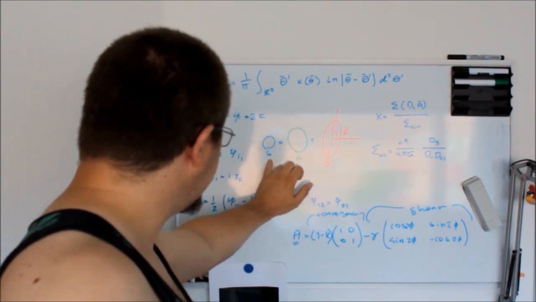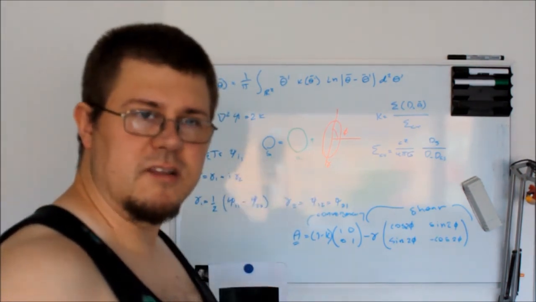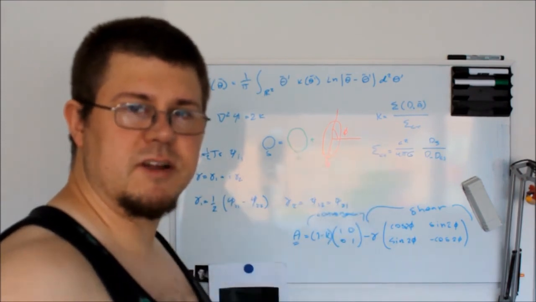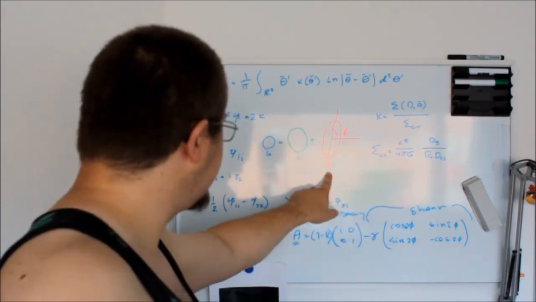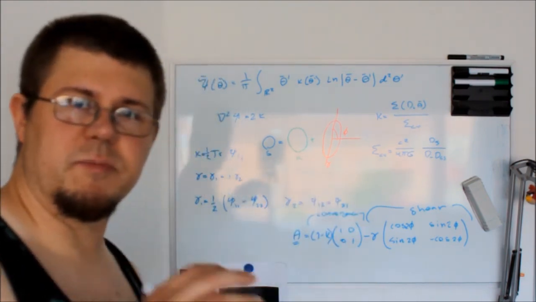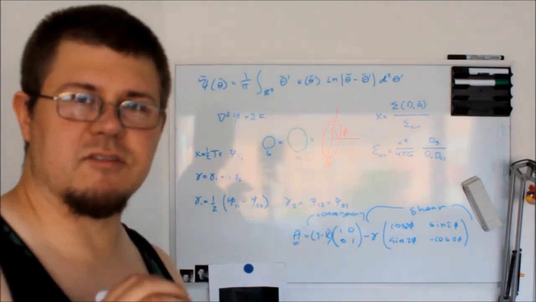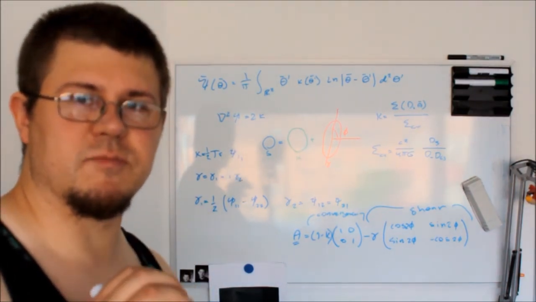Knowing that when you have a source and you add convergence alone, it gets magnified equally in all directions. If you add shear to the problem, then this circular source will become elliptical, and then you add some angle to know in which direction it's positioned.